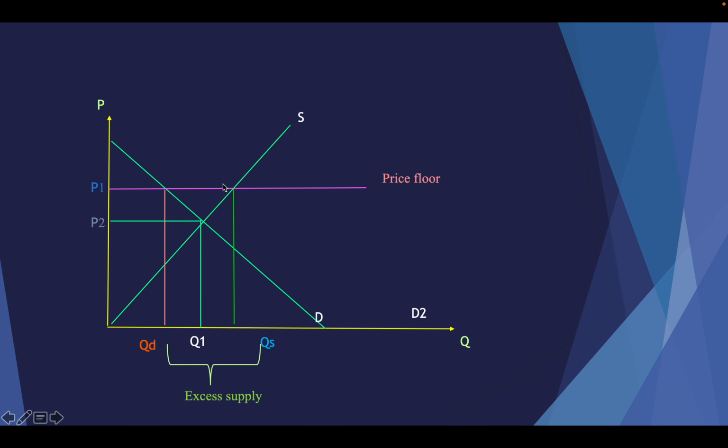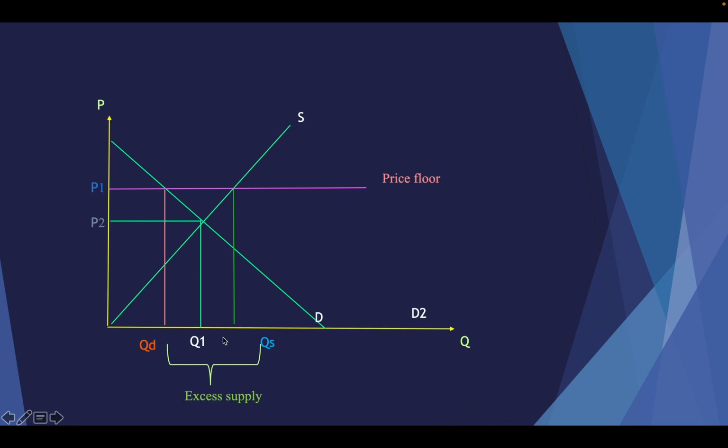Okay, here it is also like that, don't reduce the price lower than that. Then again you have to find the price floor and the supply curve. Where does the supply curve cut the price floor? This intersects the price floor, this is the QS.